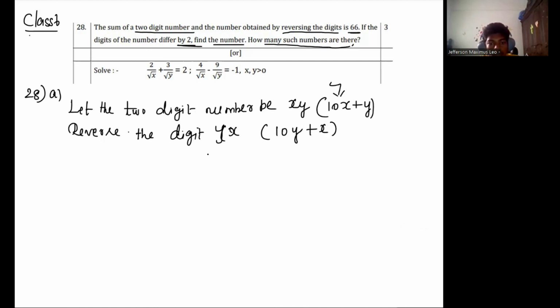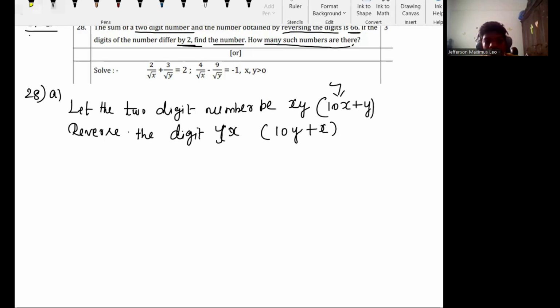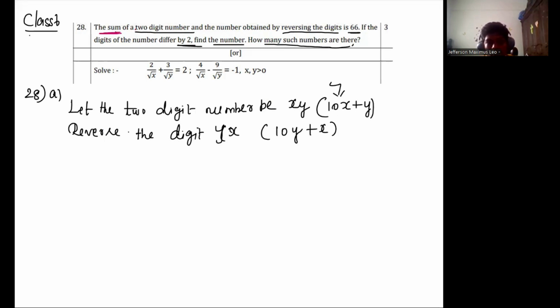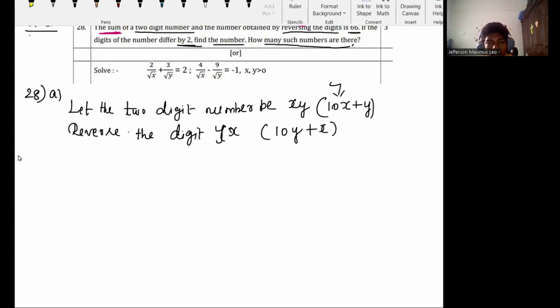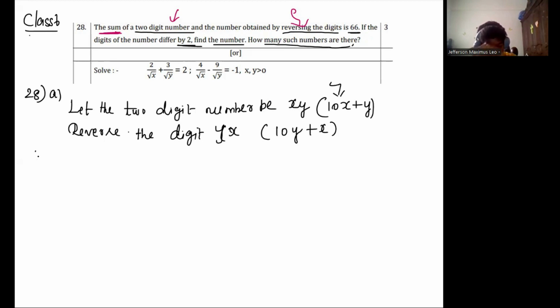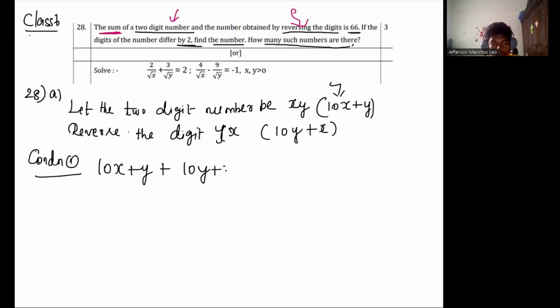So according to the first condition, the sum of the number and its reverse number is equal to 66. So condition number 1: the given number plus the reverse number is equal to 66.